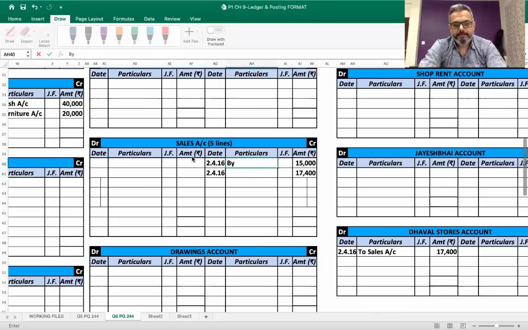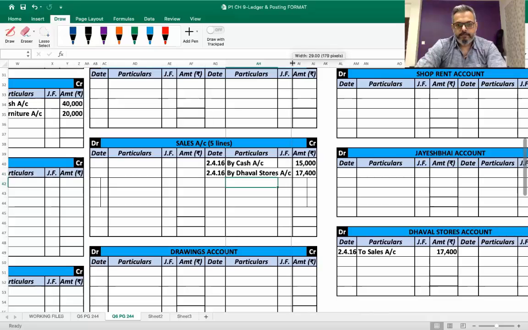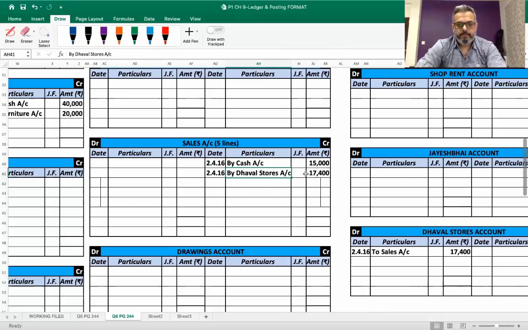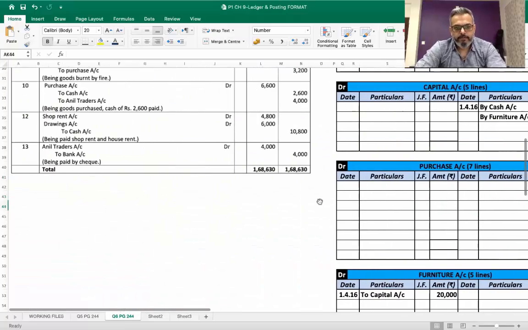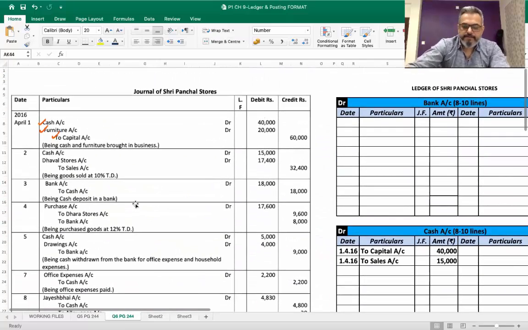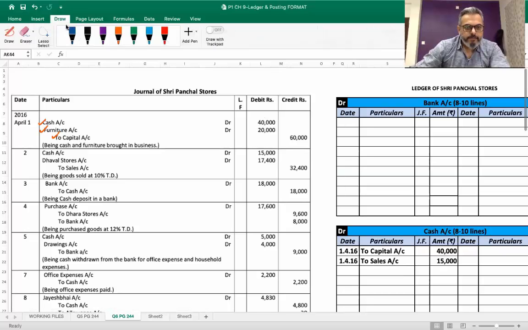We write by cash account, by Dhaval Stores account. Okay, now cash account done, Dhaval Stores done, sales done.